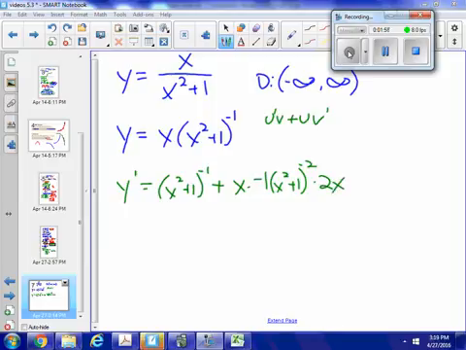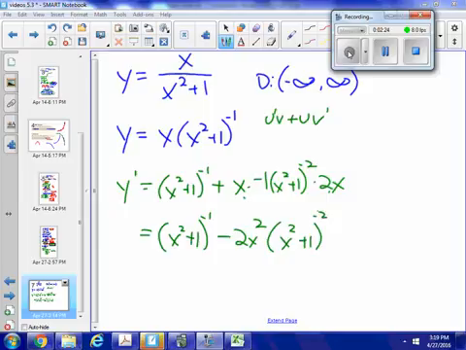So I'm going to start working on simplifying this a little bit. This is equal to (x squared plus 1) to the negative 1 minus 2x squared times (x squared plus 1) to the negative 2. So I got this times that, and used my negative sign over here. We're getting a little bit more simple.